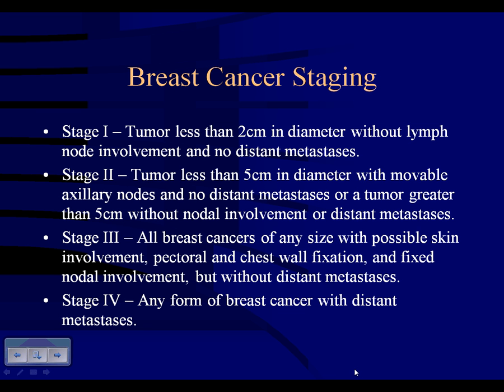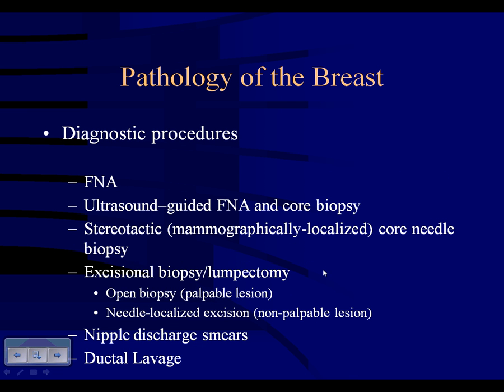Stage 3 are those that have involvement of the skin, the pectoralis or chest wall, fixed nodal involvement, but still no distant mets. And then stage 4 is any breast cancer with distant mets, no matter its size or axillary node status. And distant mets includes things like to the bone, to the lung, to the brain, to the pleural fluid, etc.